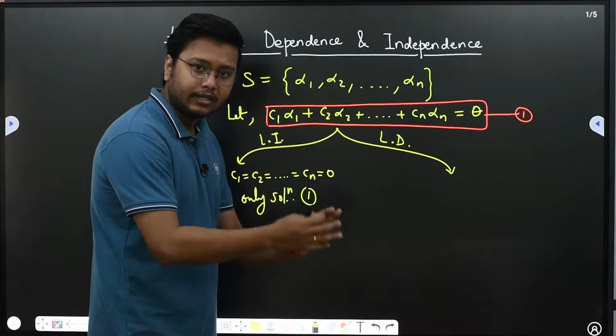Now imagine this expression: C1 alpha 1 plus C2 alpha 2 plus dot dot dot, somewhere down the line Ci alpha i plus dot dot dot reaching Cn alpha n, plus now consider the new elements, 0 into alpha n plus 1 plus 0 into alpha n plus 2 plus dot dot 0 into alpha r. So will there be any change in conclusion?